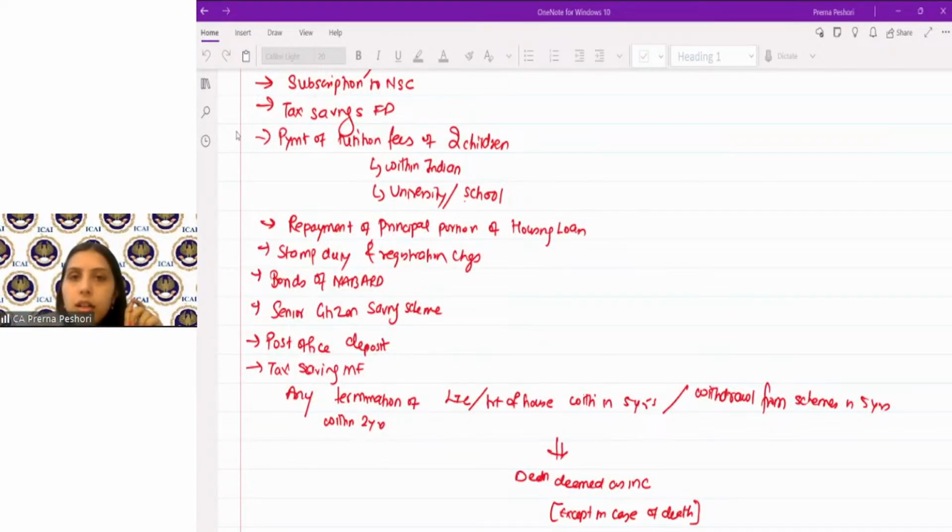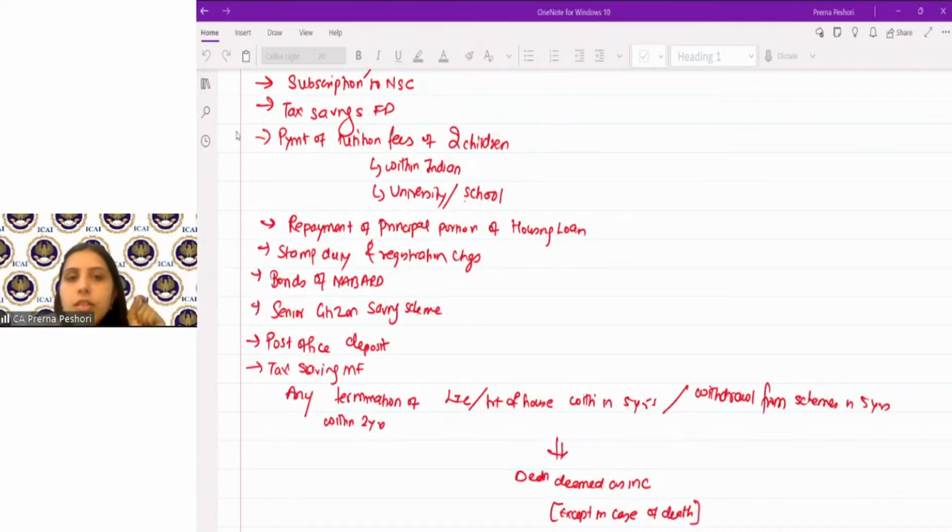Now, there is also one more condition under 10(10D) for the availability of exemption for LIC. There's an additional condition in respect of the LICs issued, which is that, if you remember, I told you in 80C that the premium paid should not exceed 10% of the actual capital sum insured.